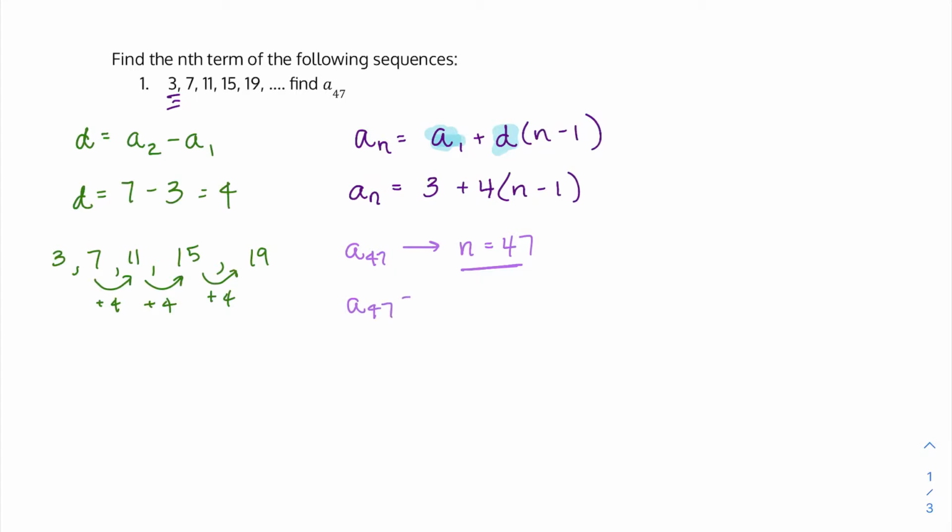So a_47 equals 3 plus 4 times (47 minus 1). That equals 3 plus 4 times 46, and then I can just plug this into my calculator: 3 plus 4 times 46, and we get that our 47th term is equal to 187, and this problem is done.